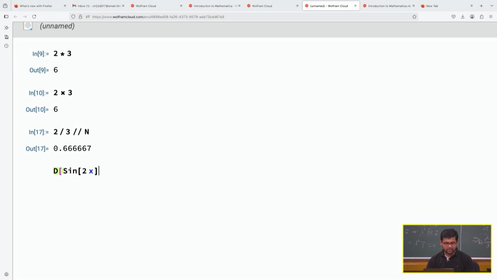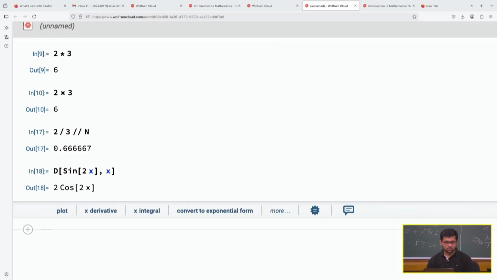So, it will give me Sine[2x], and then I put a comma and x. D is for differentiation, then you put the expression which you want to differentiate, and then separated by a comma you put the variable with respect to which you want to differentiate. This will give us the differentiation of sine 2x with respect to x, and this is 2 cos 2x.